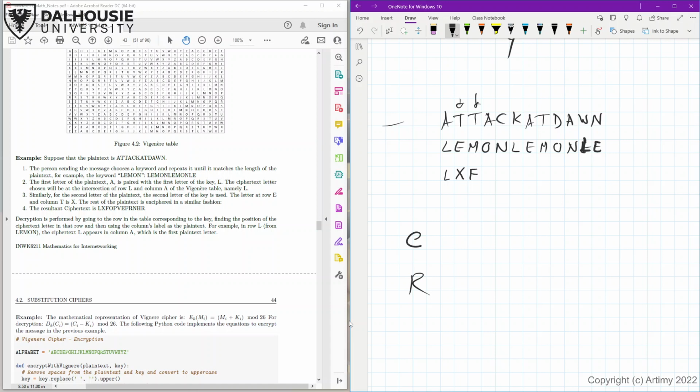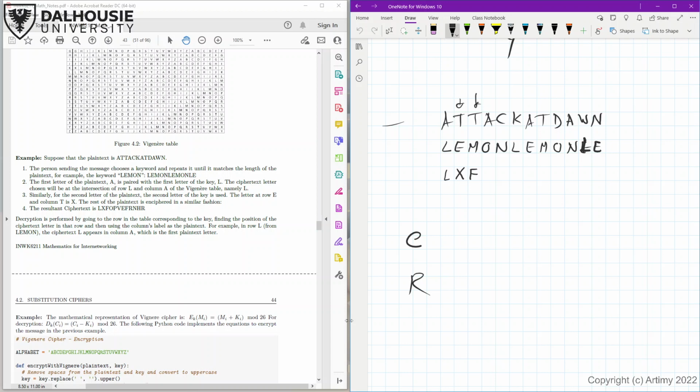R in the ciphertext is E in the plain text. So now we know what the key is. So let's try the key, and we may have actually broken the code without even trying the brute force, just by observing that the characteristics of the language will give us hints about how frequent some letters are.